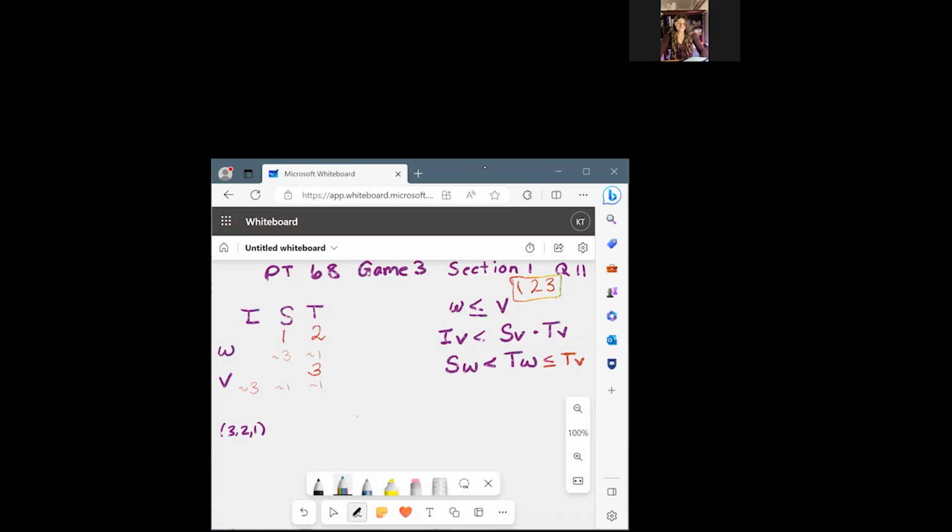So for the same reason that we just said that SW has to be 1, because it has to be less than TW, which is 2, it must then be true that Salid's website target is 1. Perfect. So we don't have to go any further. We don't have to speculate. We don't have to do anything that isn't clear. All we had to do was say, okay, here are what the rules say, and we can apply them. Very good.